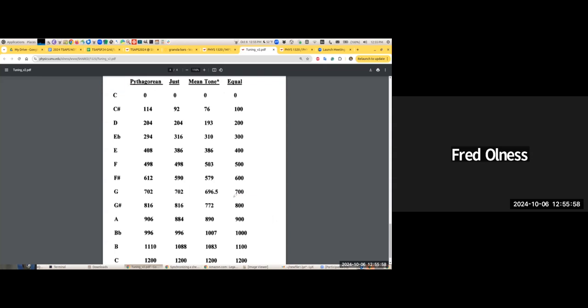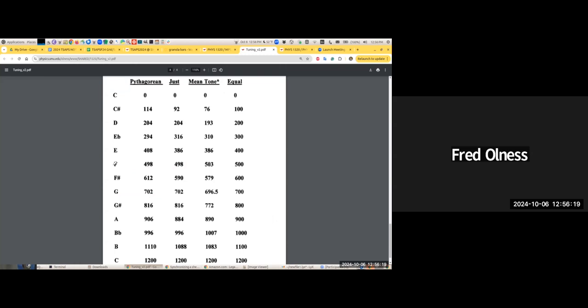And that means if the fifth is pretty good, the fourth is also pretty good. The fifth is 2 cents below 702, and the equal tempered fourth is 2 cents above 500, while both the Pythagorean and the just are 498.